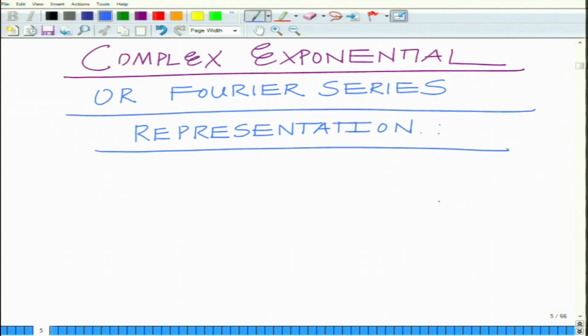Complex exponential or Fourier series representation is defined for a continuous periodic signal.